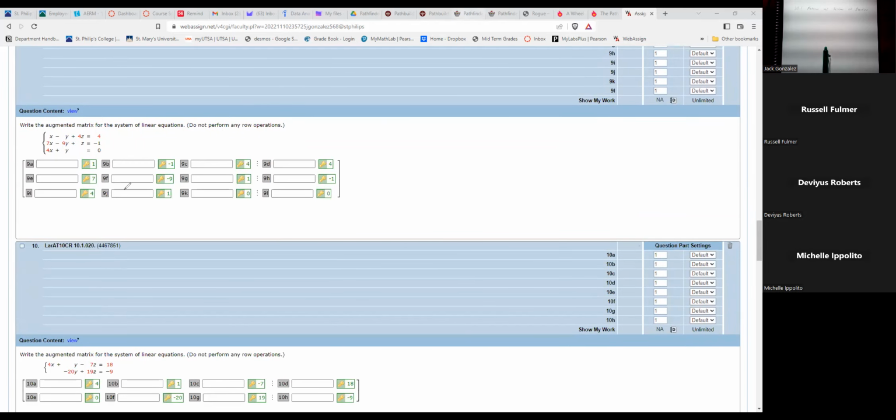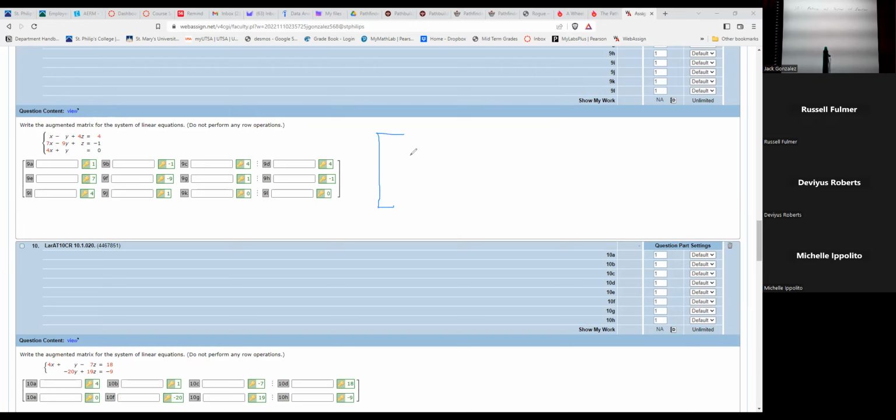All right, so here, notice that the system looks a little strange. It's the same thing, but a little more complicated. There's a missing variable. But if any variable is missing, just remember it's going to be a 0. All you have to do is make sure the x is in the first column, y is in the second, and z is in the last column.